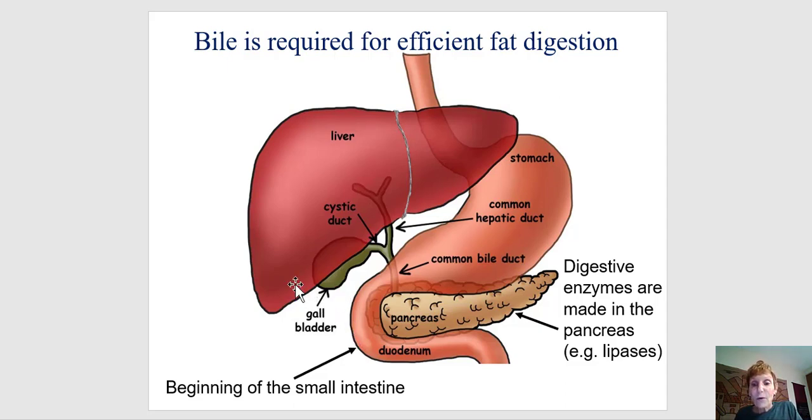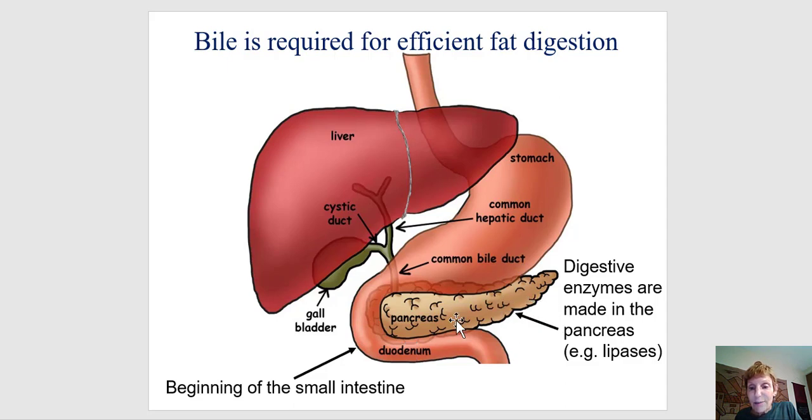So bile, which is made in the liver from cholesterol and salts, is stored in this little pocket, outpocketing of the liver called the gallbladder. And when you eat a fatty food, okay, the gallbladder contracts and squirts a little bit of bile into the beginning of the small intestine.